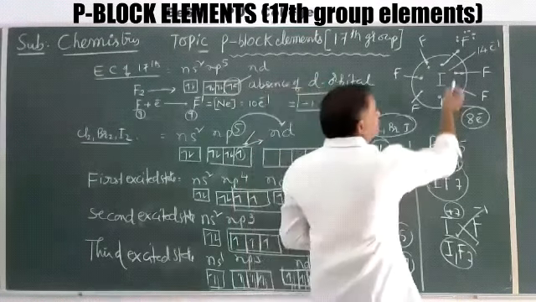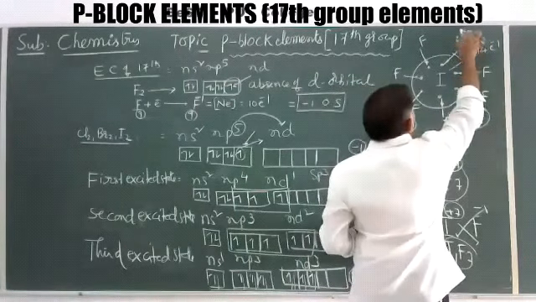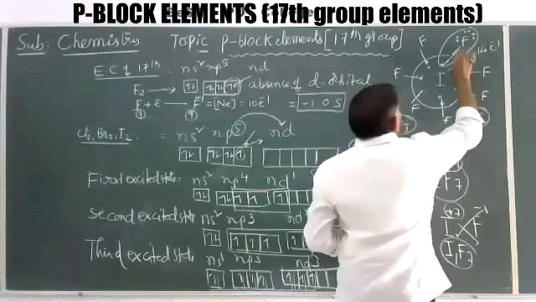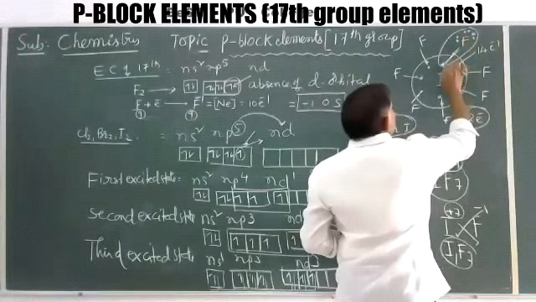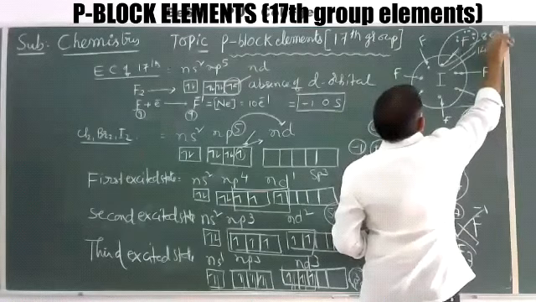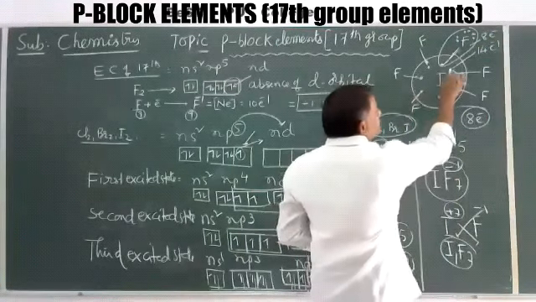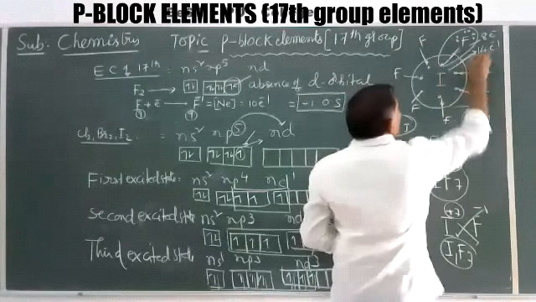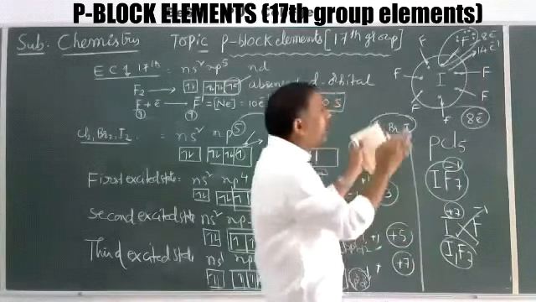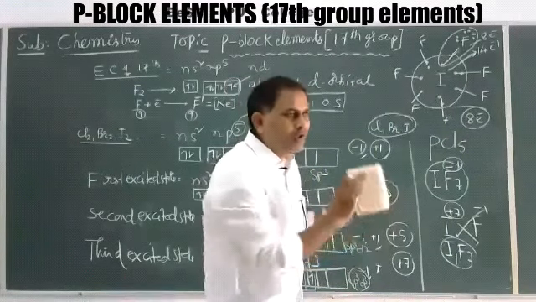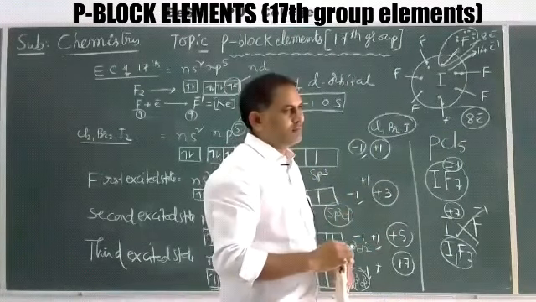But in the case of fluorine, it contains 8 electrons: these 6 plus these 2 electrons, 8 electrons are there. According to the octet configuration, in a molecule the central element containing 8 electrons only obeys the octet. That's why IF7 does not obey the octet configuration.